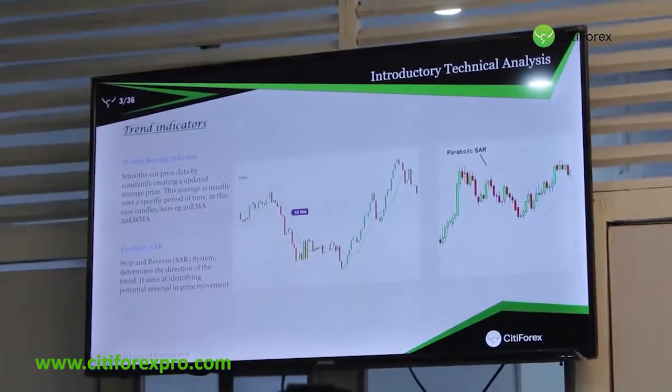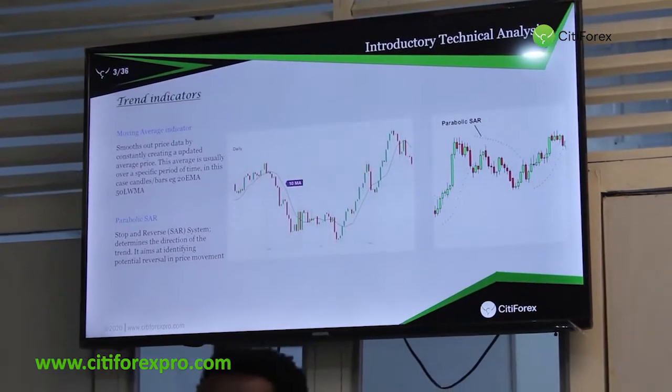If the market gives us a surge like 60,000 from 30-something thousand, it will react to that 60,000 very fast, as opposed to a smoothed moving average or simple moving average. That one will take time to react because it's still taking the average of all the prices. But an exponential one will turn faster.